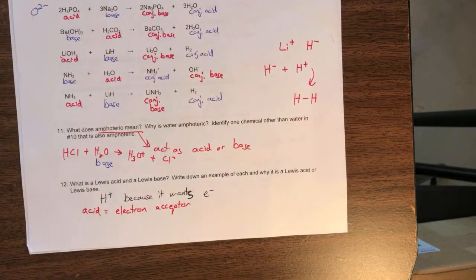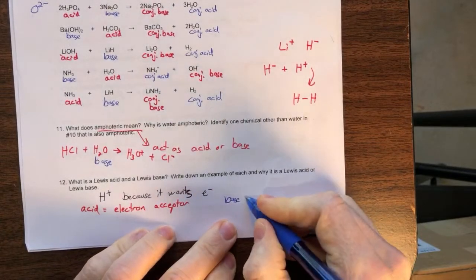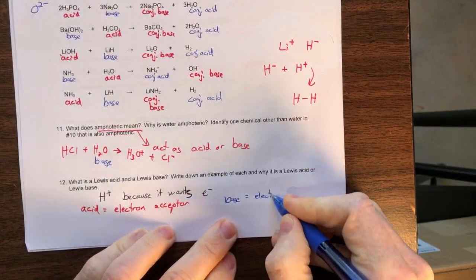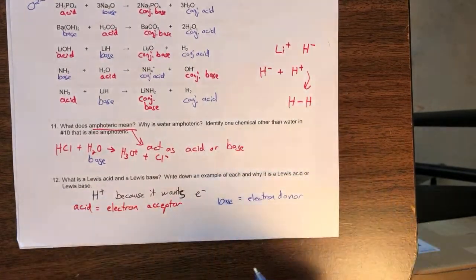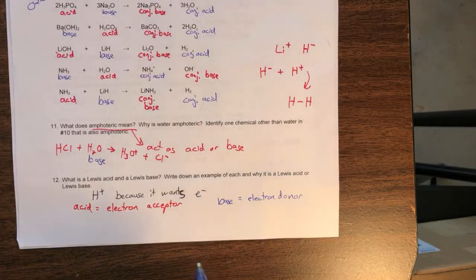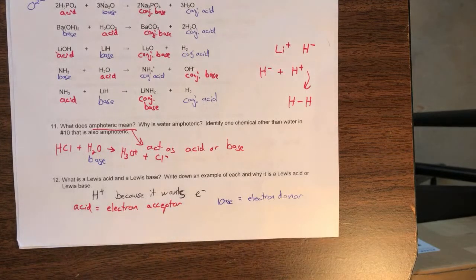A base is going to be an electron donor. It could easily get confused with some sort of redox thing, but that's not correct. This is not redox. We don't have something transferring an electron from one thing to another.